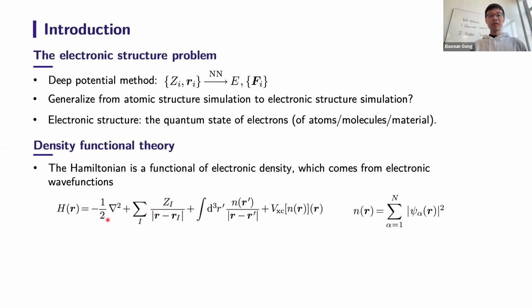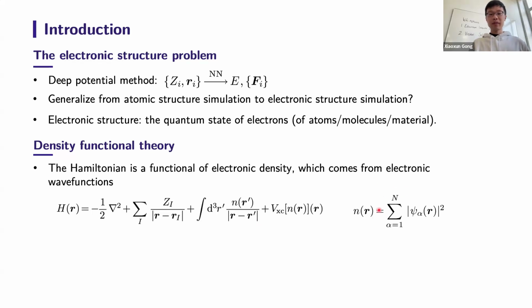The first term is the kinetic energy term, the second term is the interaction between electrons and ions, the third term is the Hartree potential, and the final term is the exchange correlation potential. We can see that the mean field Hamiltonian is actually a functional of electronic density. That's why we call this theory density functional theory.